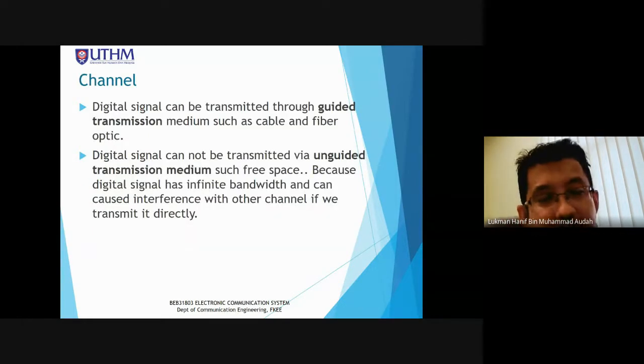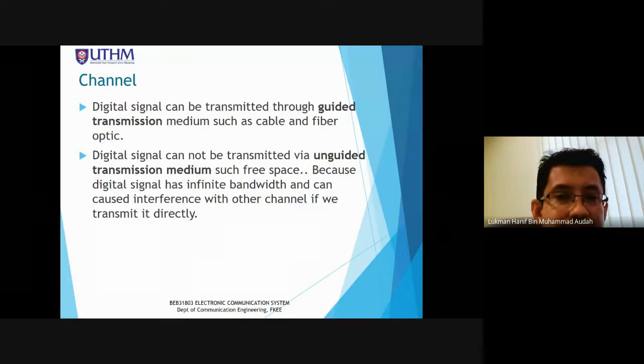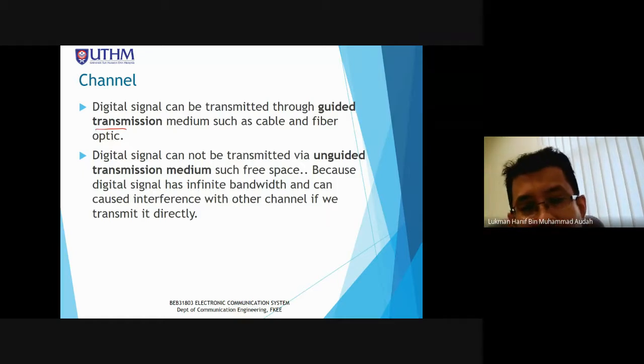Channel ini medium. Digital signal can be transmitted through a guided transmission. Guided transmission menggunakan kabel lah, sama ada kabel fiber ataupun kabel yang biasa itu, kabel untuk telefon tu. Okay.